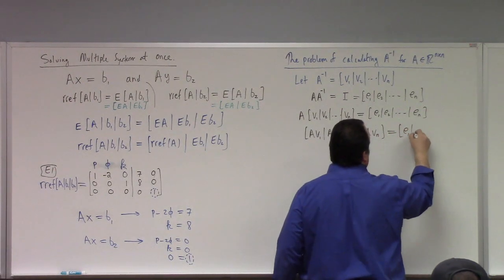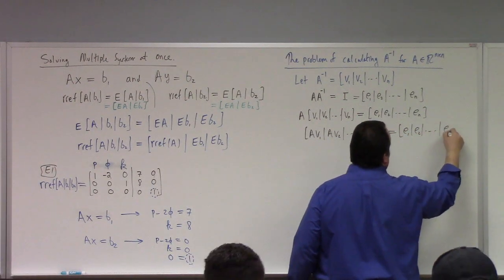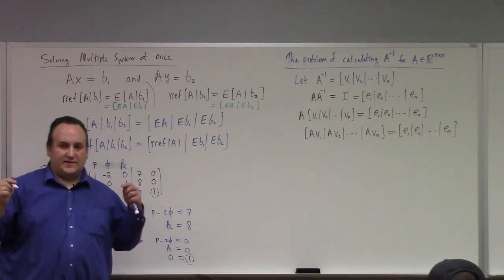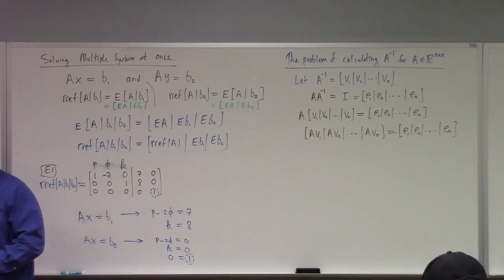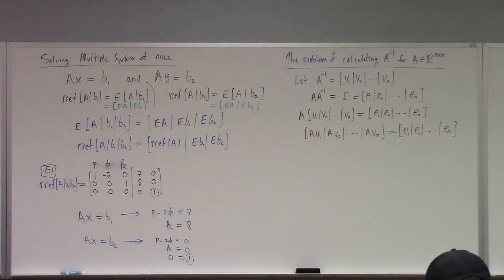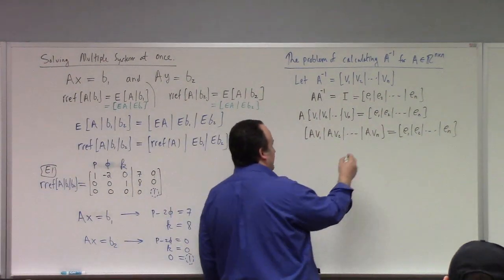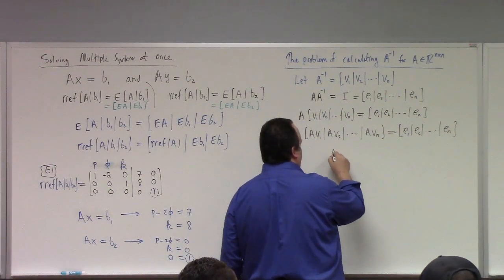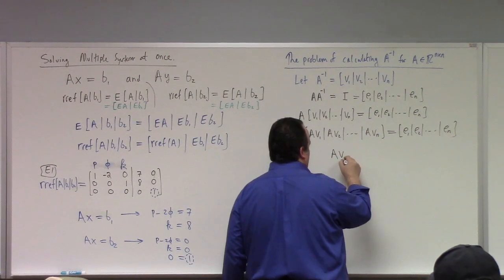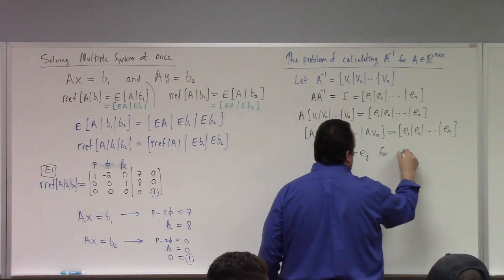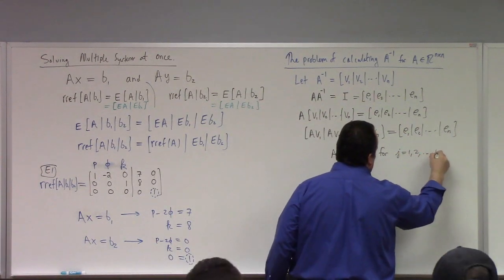So all of a sudden, you see the problem of finding the inverse matrix is actually the problem of solving n equations with n unknowns, n times. In particular, we have to solve A times Vj equal to Ej for j equals 1, 2, through n.